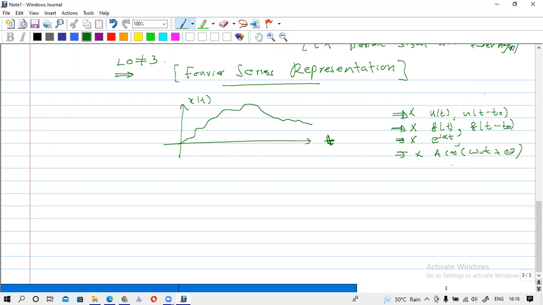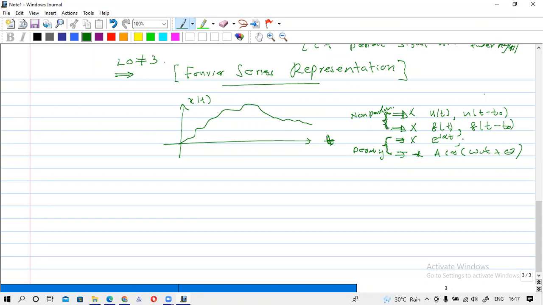It is in this form. Can you remember that these two are periodic signals, and these two are non-periodic signals? These are periodic signals, and these two are non-periodic signals. Can you remember that?